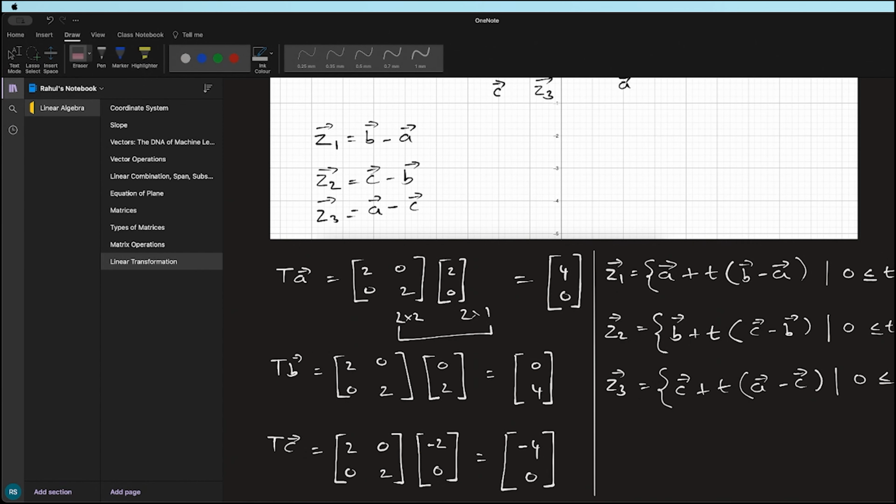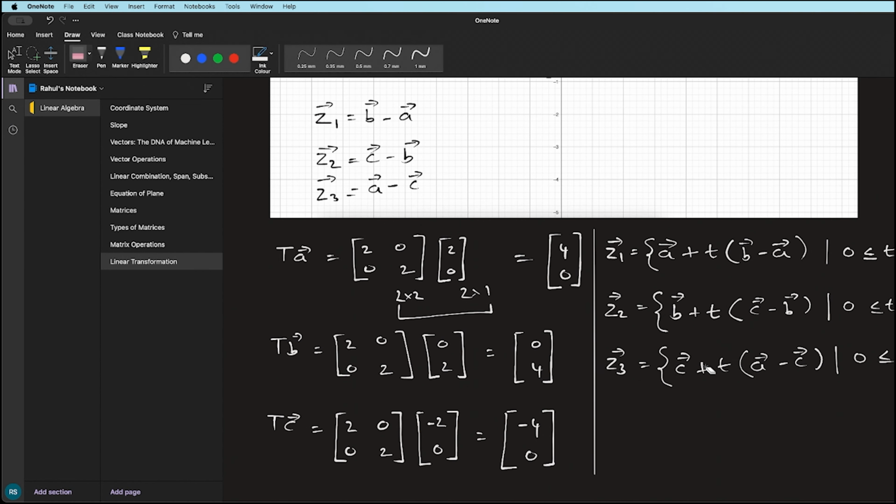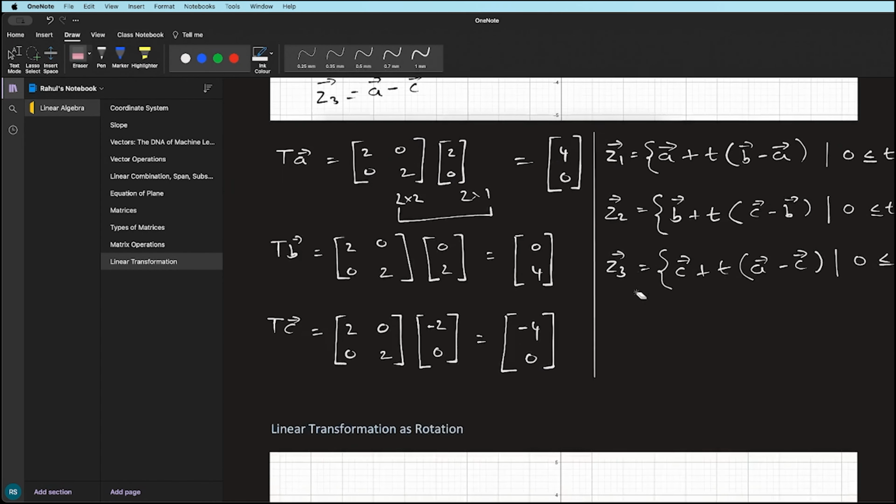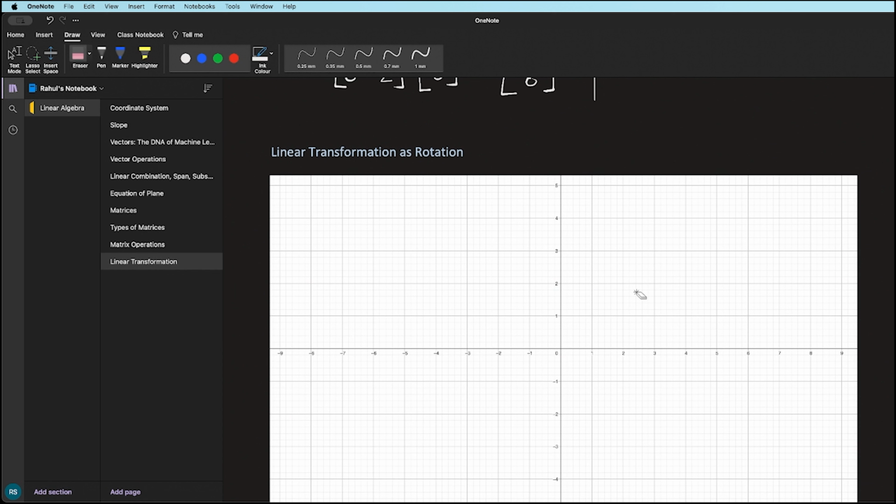The next topic that we are going to study is linear transformation as rotation. In this case, we will be taking the same example of this vector. Let me draw out this vector first.